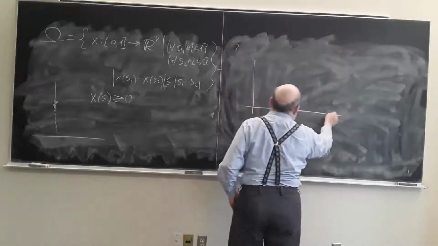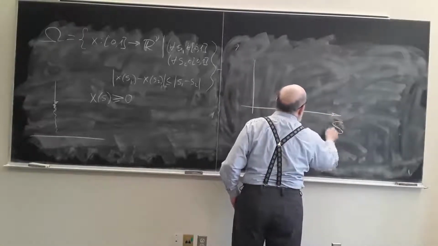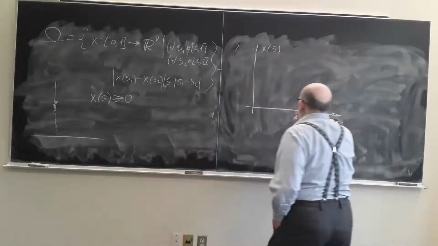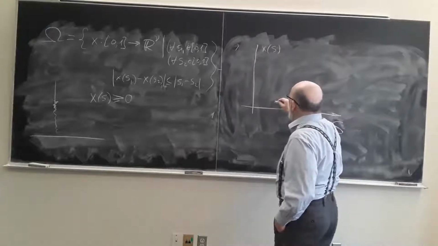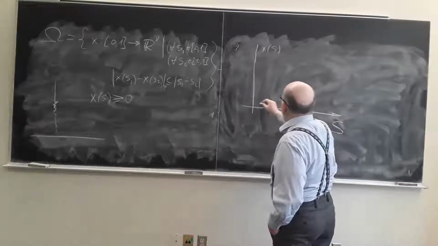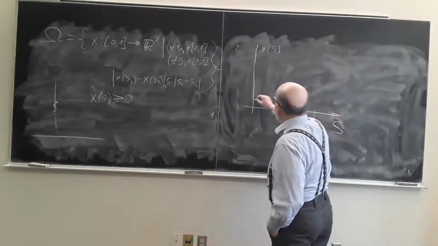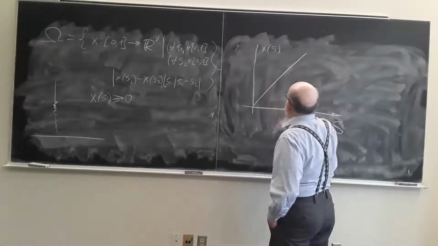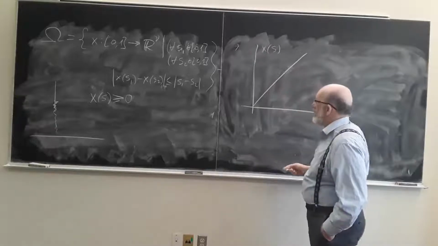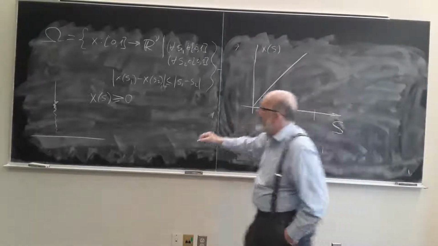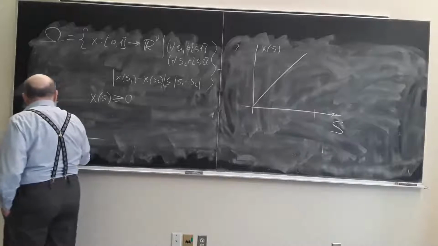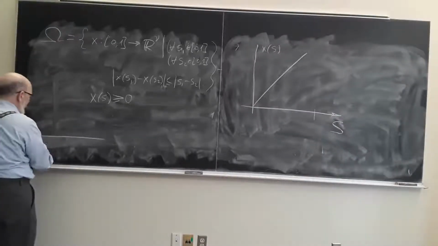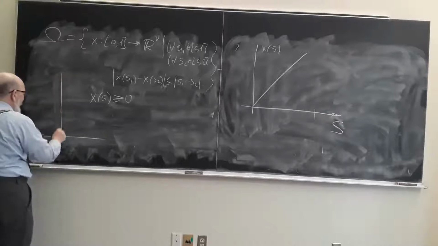So this is s, and this is x of s. And initially, this function on s from 0 to 1 was, say, like this. So this means that the thread is initially touching the table with its lower end, and it is straight.